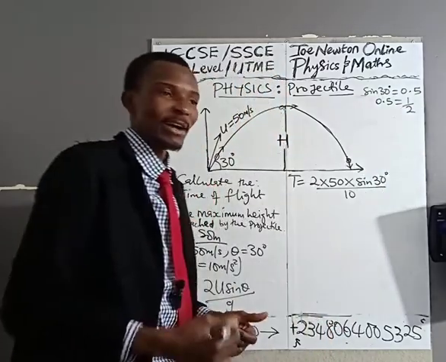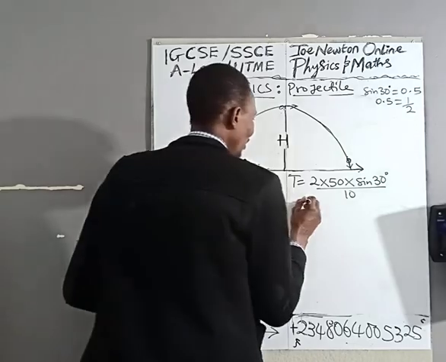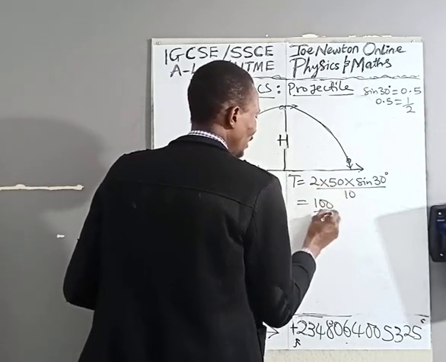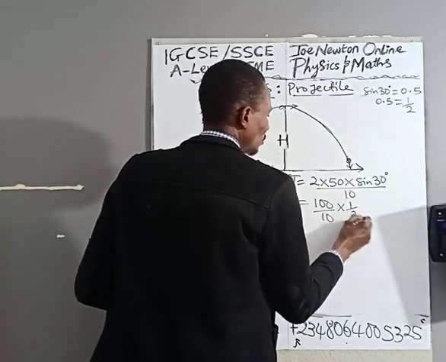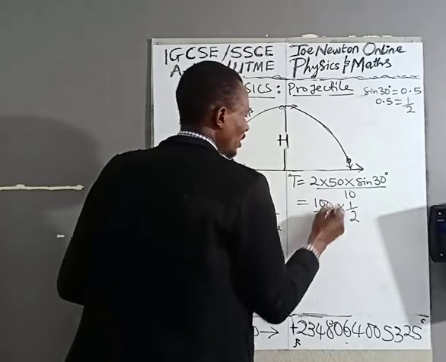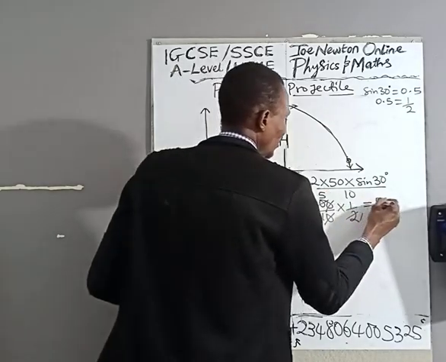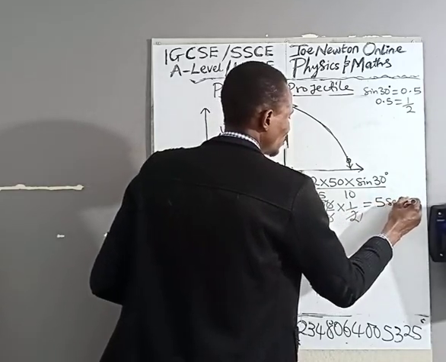You agree with me? That is half. Put it here smartly. We have 2 times 50 is 100 over 10 times 1 over 2. Because of this, 0 cancels 0, 2 divides itself 1, 2 divides 10, 5. Our T is equal to 5 seconds. Simple.